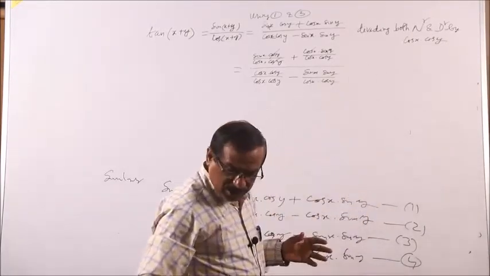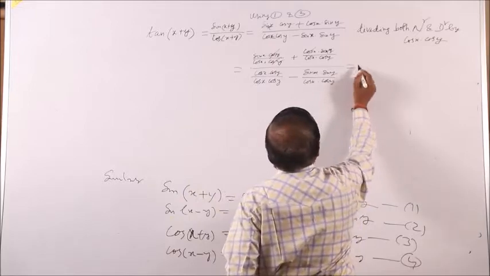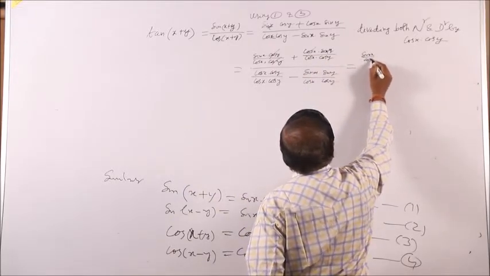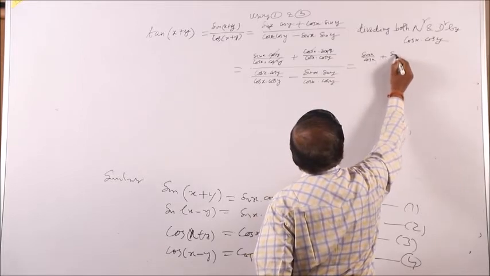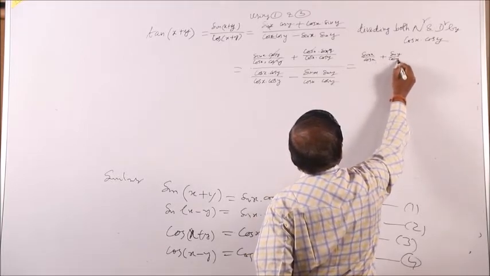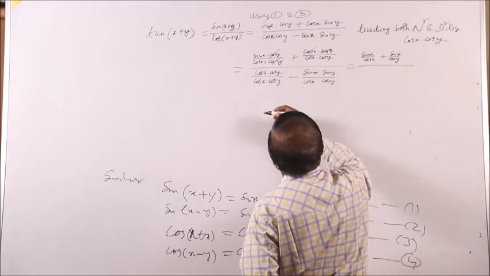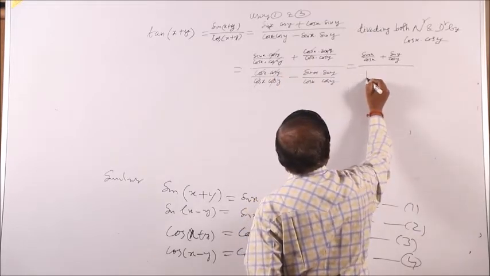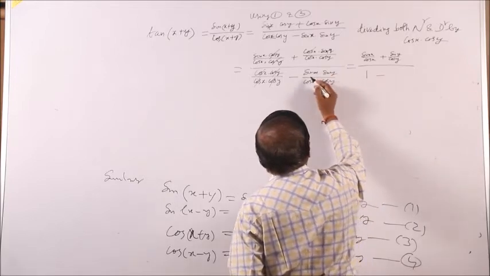One by one we will proceed. You see, here remains sin x by cos x plus sin y by cos y. Similarly, here what goes? Both. So, we get 1. What is here?